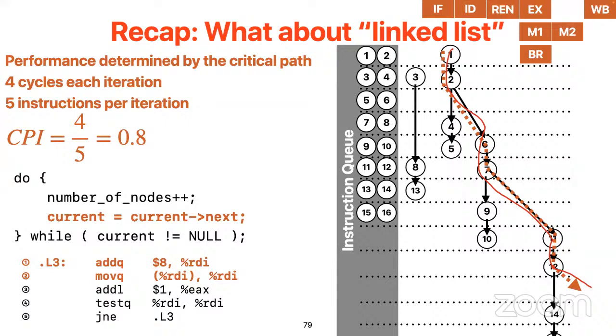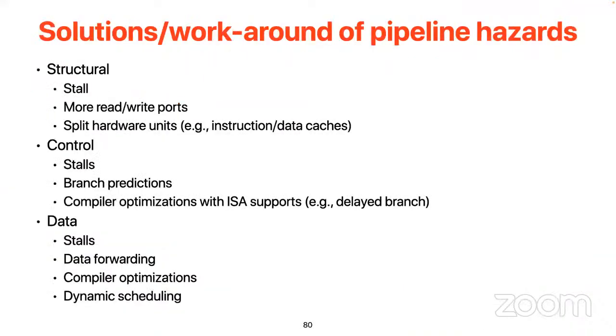So if you can have some representation like this, or if you can explain why this is the critical path, right? Because there's a data dependency here, and for example, like instruction 2 and 6, we have to wait for 3 cycles because of what? Then it's probably good enough for your answer.